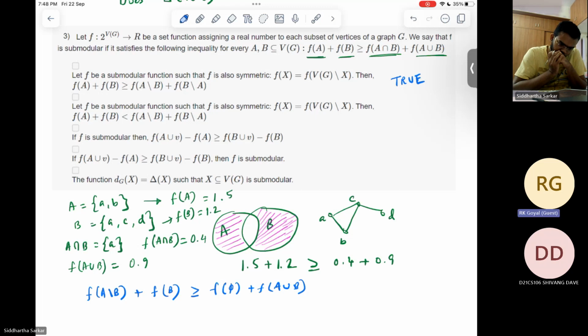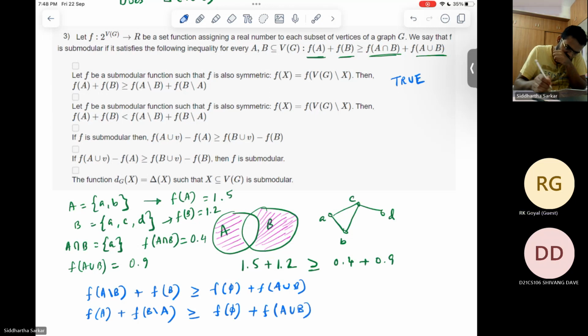And so probably we can get something from here. Similarly, if I replace f of b by f of b minus a, then I'll get f of phi plus f of a union b.